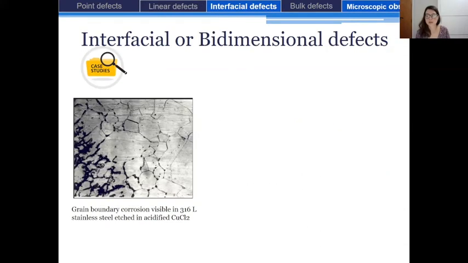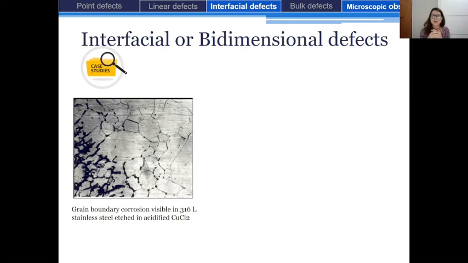So now let's focus on interfacial or two-dimensional defects. An example of such defects is the grain boundary. It is the region that separates two grains. At this specific place that we call a defect, the material has some specific characteristics.